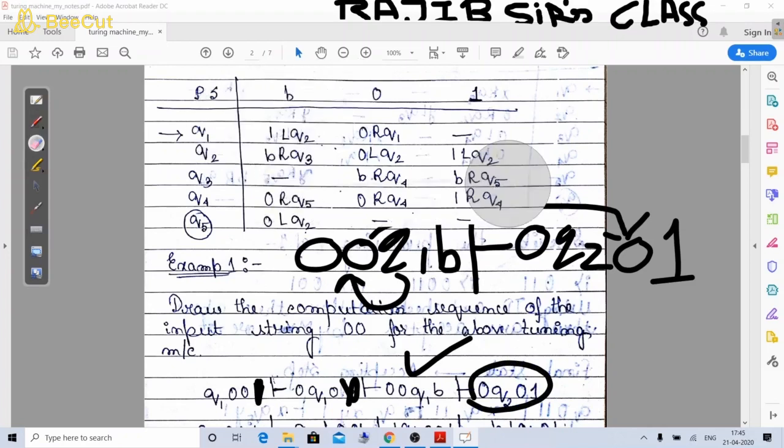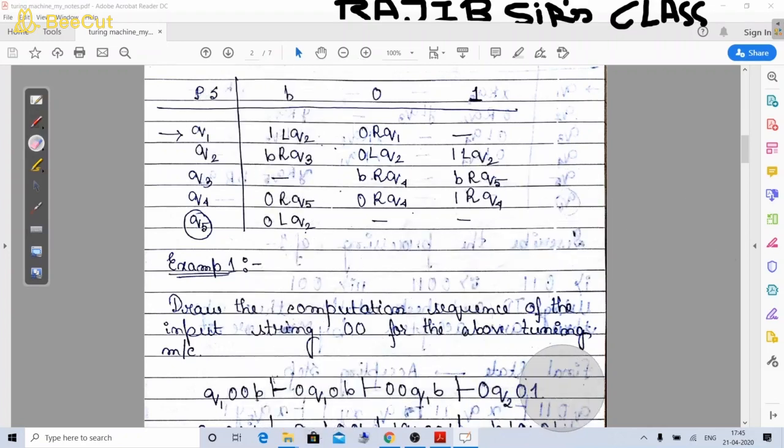Now we will check the next one. We need to apply this 0 upon this q2. So what will happen?